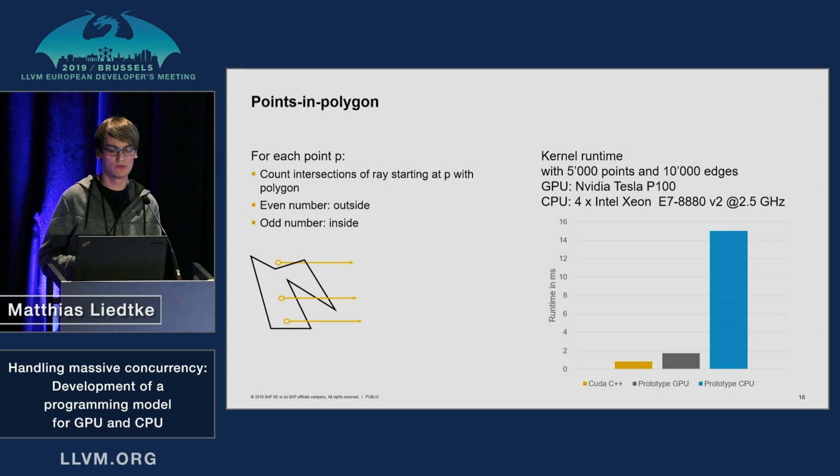But still we are able to run it in a decent amount of time and get results back. So we are also able to execute those algorithms that use a huge amount of parallelization which a CPU couldn't really handle in a reasonable amount of time.